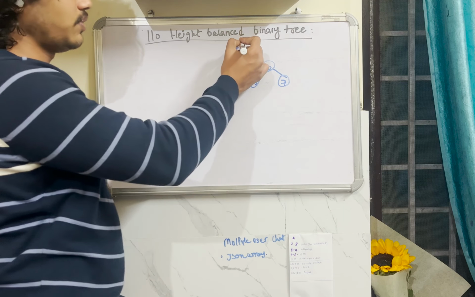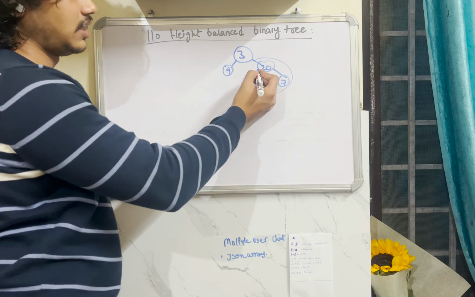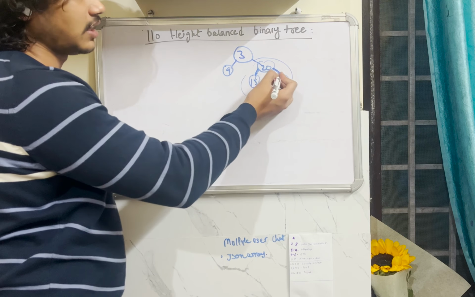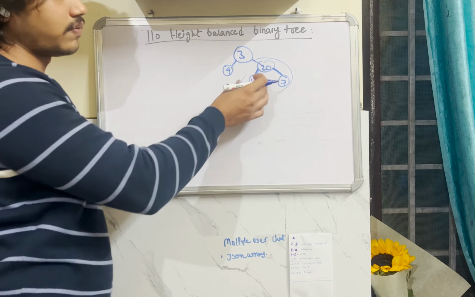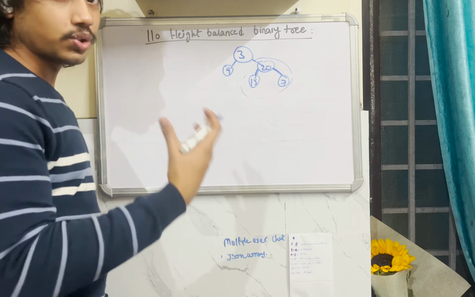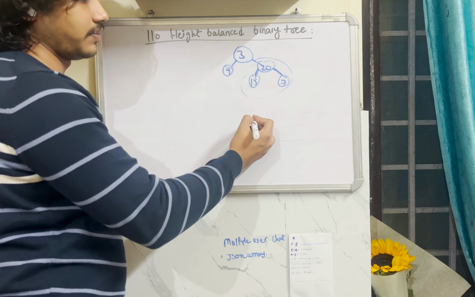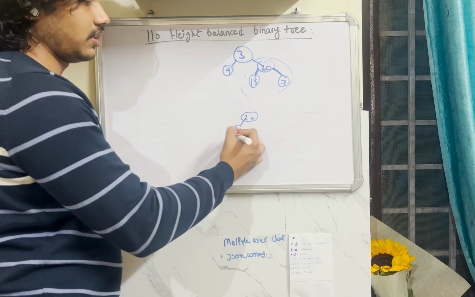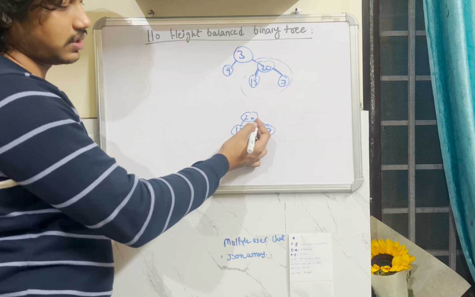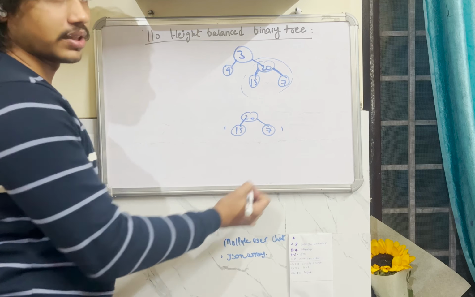Let me translate what this question is saying. If you take a subtree, the number of depth on the left side and the right side shouldn't differ by more than one. If you take this subtree 20, 15 and 7, the depth on the left side is 1 and the depth on the right side is 1.